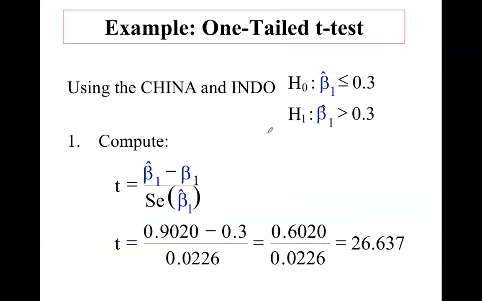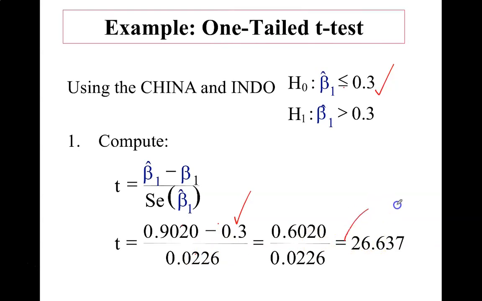For example, like this one-tail test. Let's say we want to know whether beta 1 is less than or equal to 0.3, or beta 1 is larger than 0.3 if we reject the null. It is calculated in such a way that we assume the true beta is actually 0.3. So you take this value minus this, and then divide by the standard error.